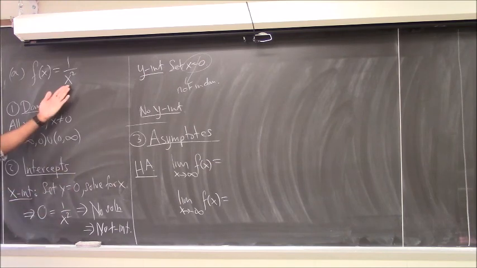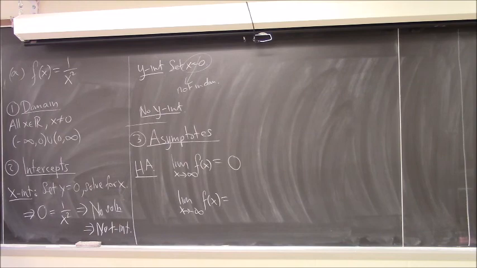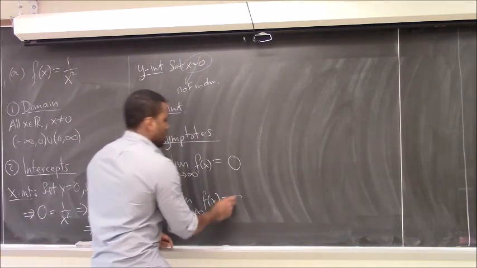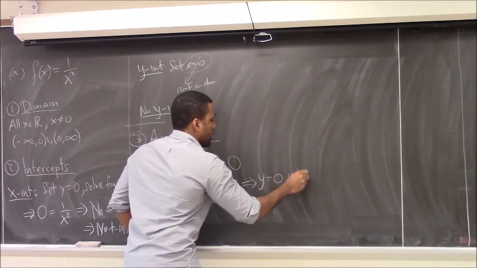What is the limit as x approaches infinity of this guy? 0. What about as x approaches negative infinity? It's also 0, which means y equals 0 is a horizontal asymptote.